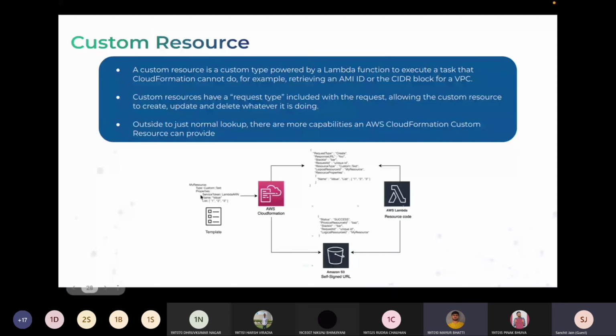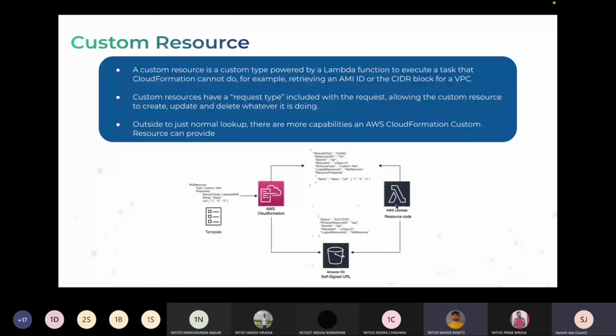As we saw in this snippet, this is how you define your custom resource in the template. When CloudFormation understands that there is a custom resource, it will invoke it. Generally CloudFormation is meant to provision a resource, but here you want to invoke a resource at runtime. CloudFormation generates an input JSON, which is given to Lambda.